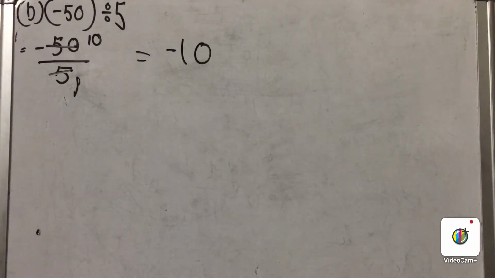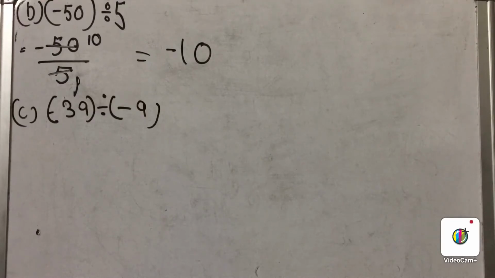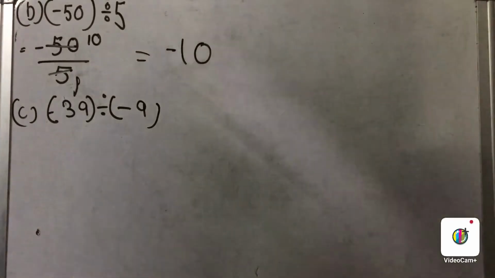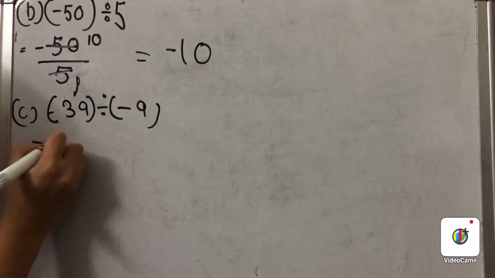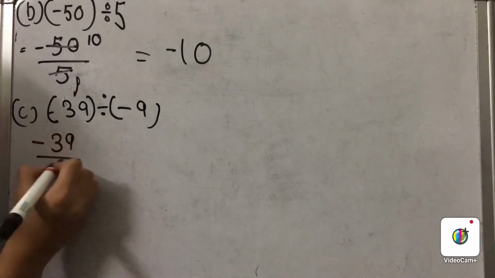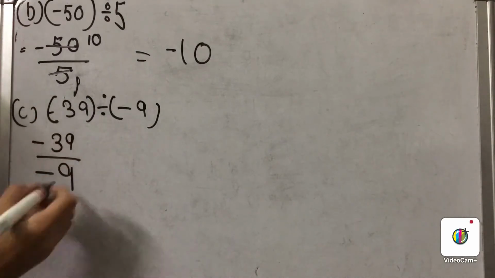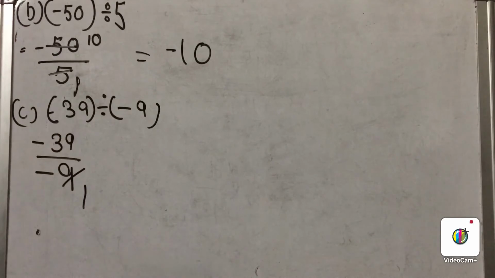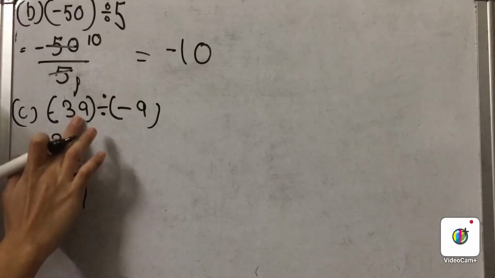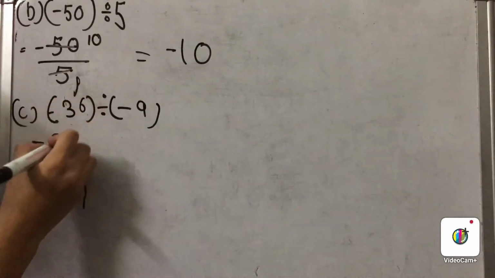Now let us come to our part number C. What is our C part? Minus 36 divided by minus 9. So now let us solve it. You have to firstly write it this way, minus 36 divided by minus 9. Actually in the question it is 36.